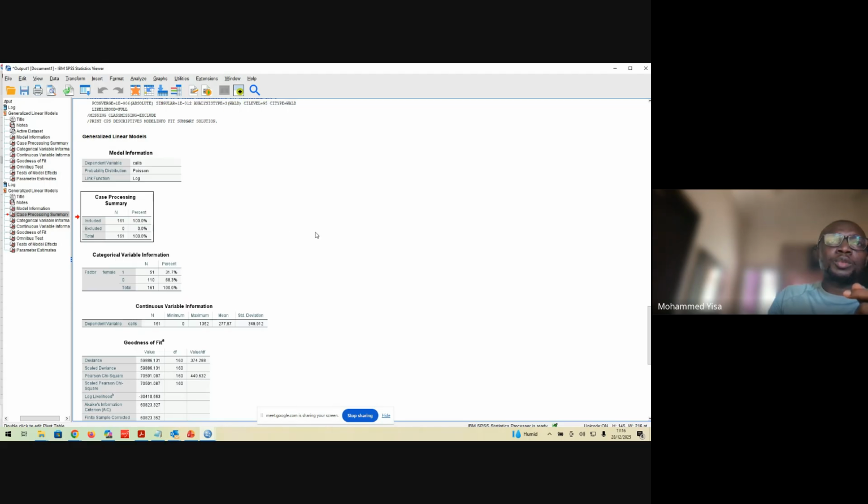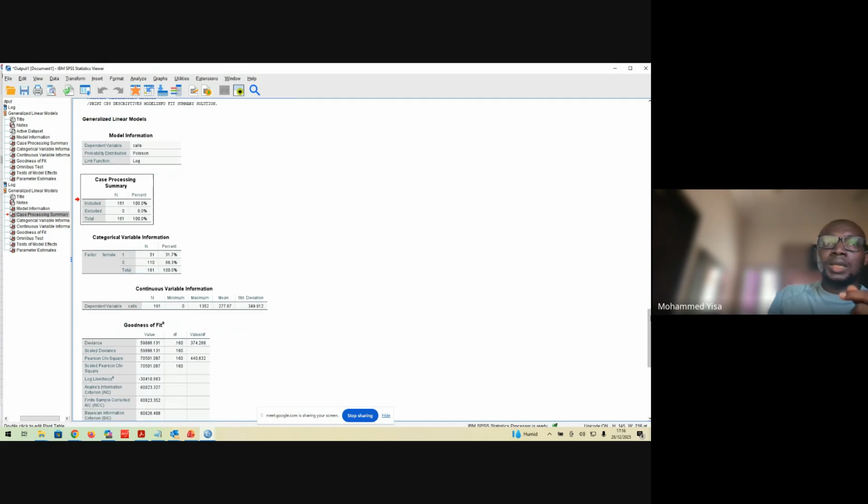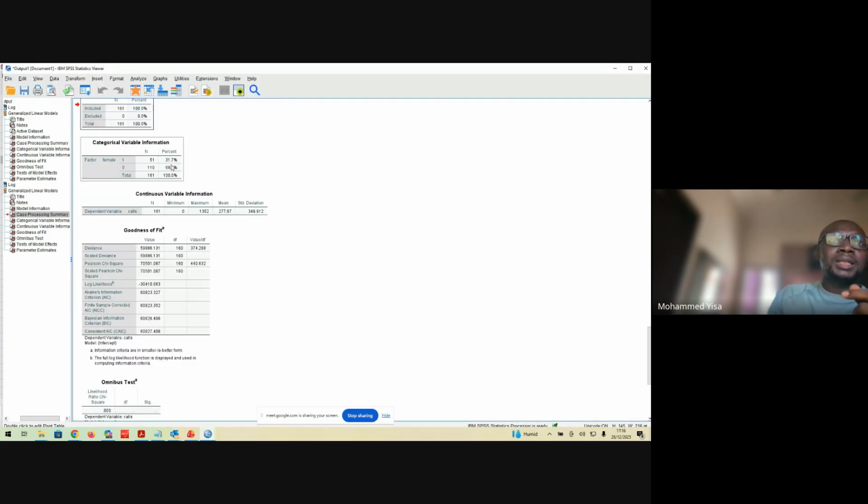Now, in the case processing summary, we can see that there are no missing values. And then in terms of the categorical variable information, you can see basically the distribution of males to females.